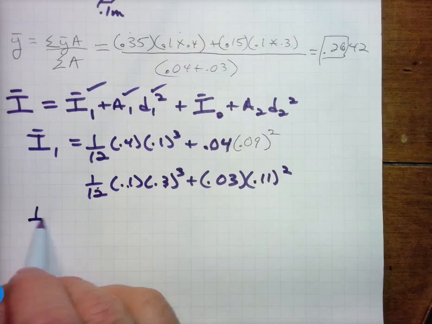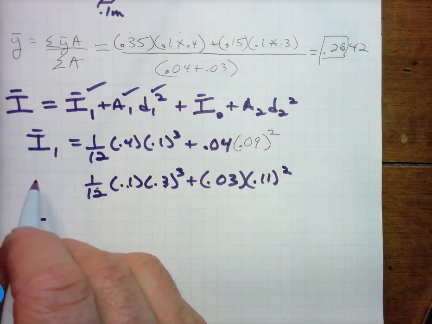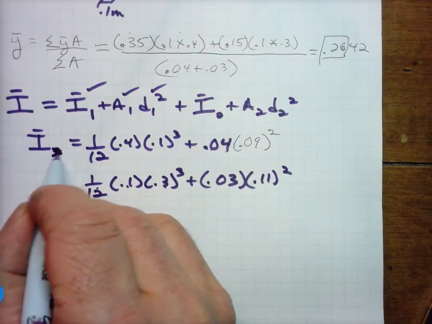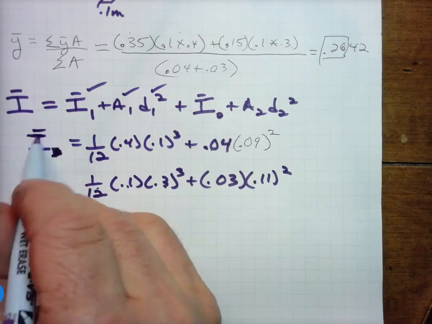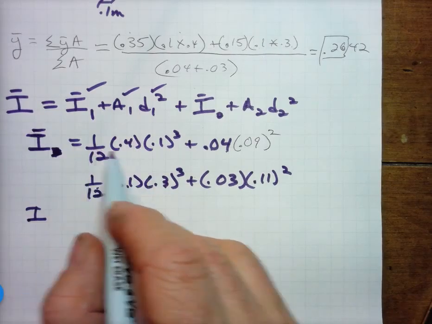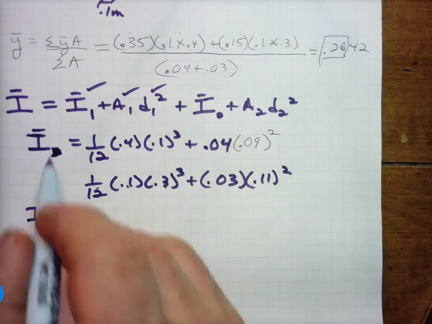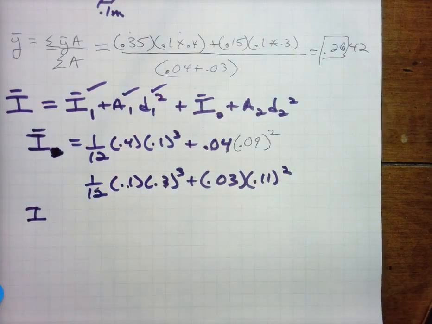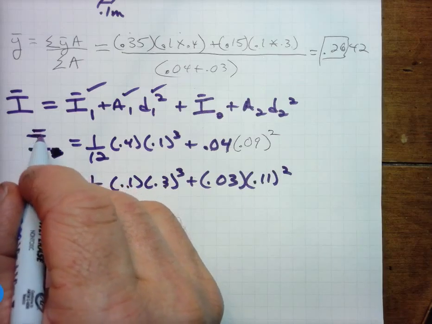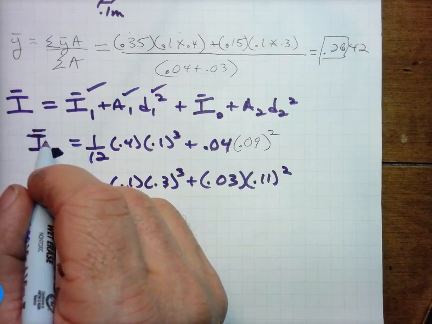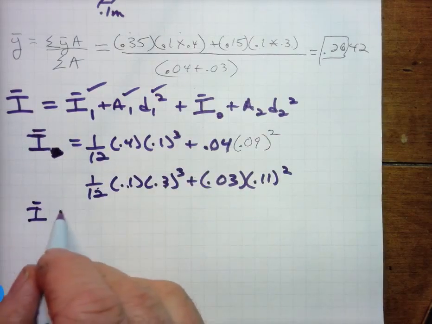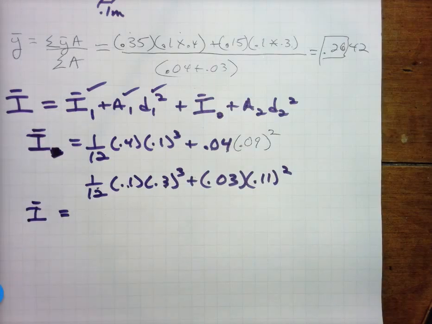I will do the same. This is I bar for the whole works here. Well, I1, A1 d1 squared, I2, A2 d2 squared. So that's the thing we're looking for. That's what we're going to put in the bending stress equation once we do the math. You do it, I'll do it, meet back in the middle.